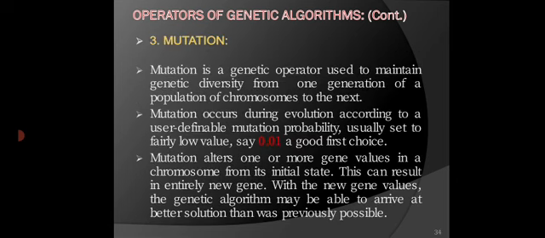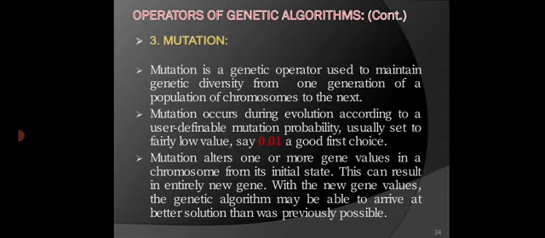Now the third operator is mutation. What is mutation? Mutation is a genetic operator used to maintain genetic diversity from one generation of a population of chromosomes to the next.